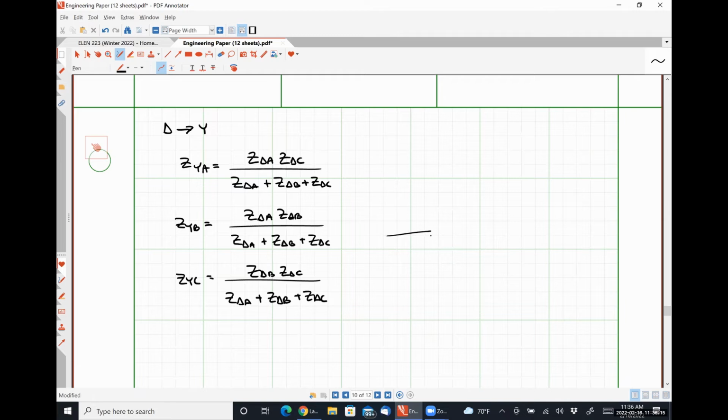And for a balanced three-phase delta connected load, Caleb, what does it mean when my delta load is balanced? All the impedances are the same, absolutely right. So we have Z delta squared over 3Z delta. What does that reduce to?